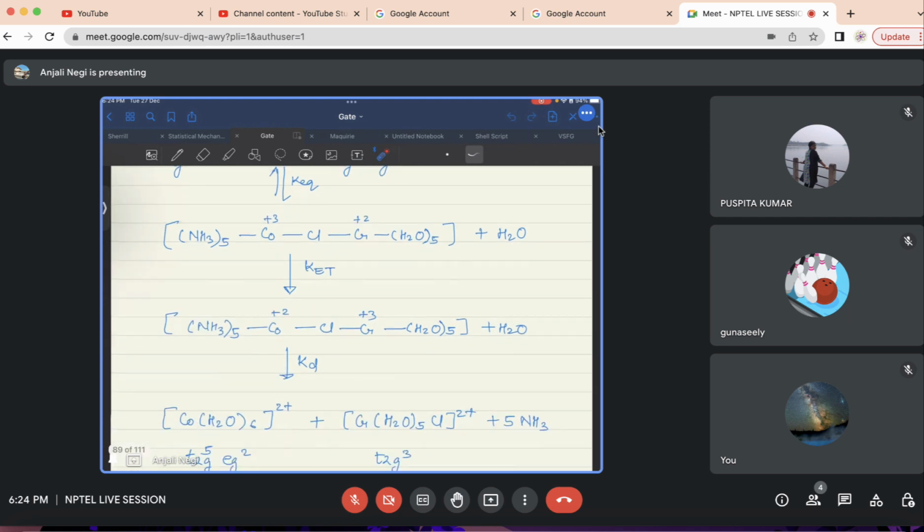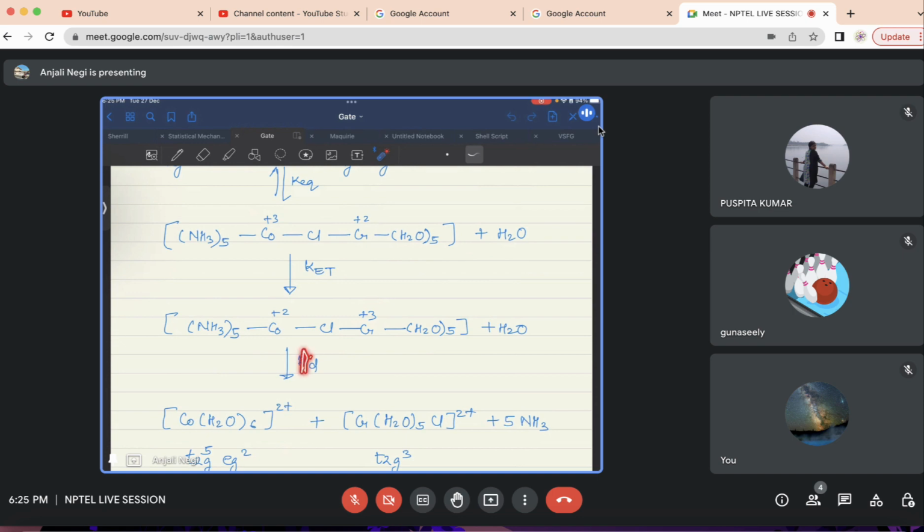Now, electron transfer step, as it is done, you can see that this +3 will get reduced to +2, and this +2 will get oxidized and will become +3. Since this was my precursor complex, now this is my successor complex.